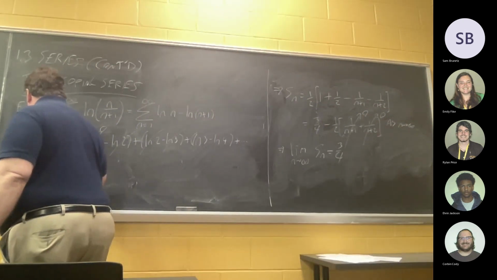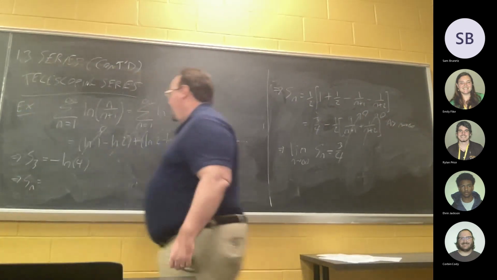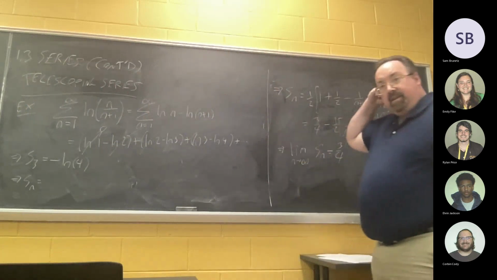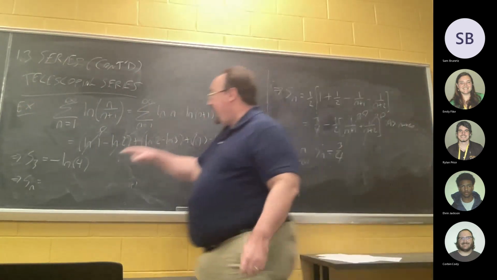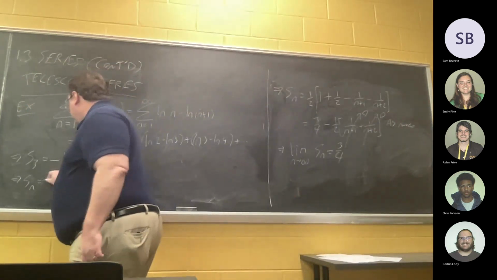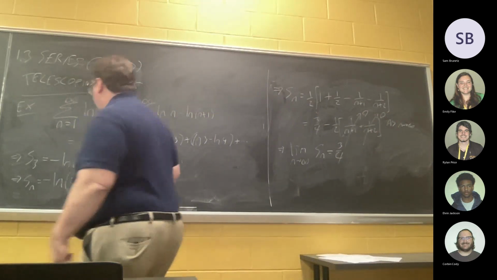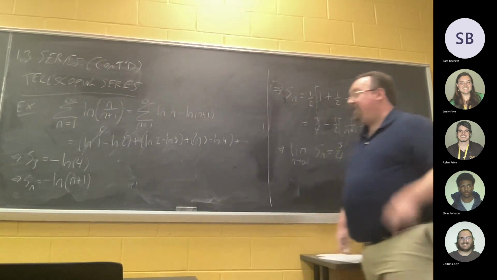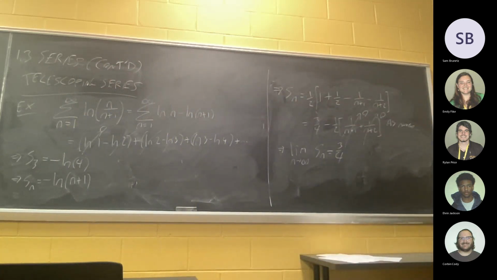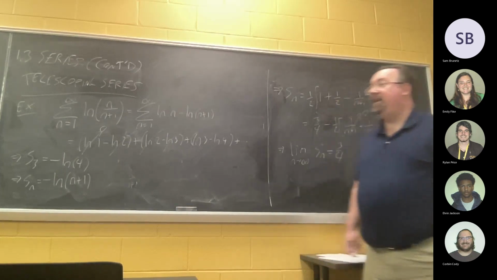Negative ln of n plus 1, because S3 gave us minus log of 4. That's the pattern. In this case, it only took looking at one partial sum to see it. So that's the sequence of partial sums: minus natural log of n plus 1.